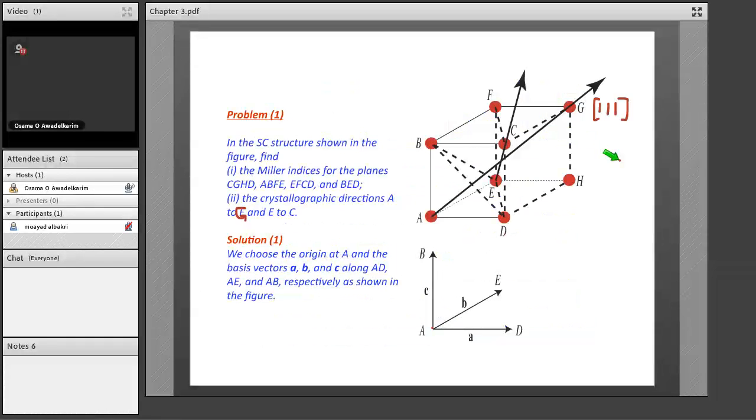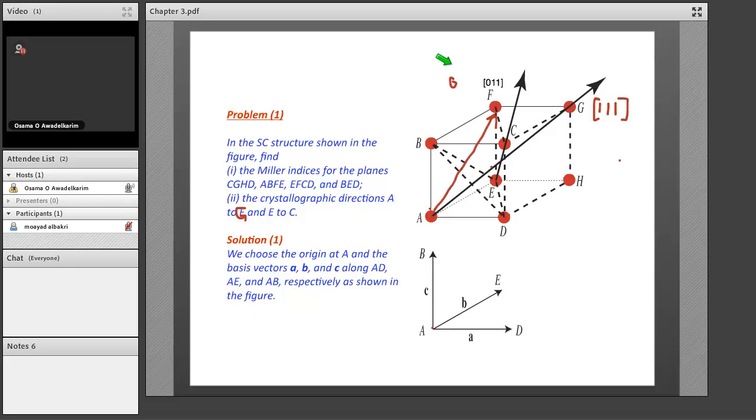The drawing is showing AG, but we can also find A to F. If we try to find A to F, which is this direction here, then we have the point F, which has 0 in the A direction, 1 in the B direction, and 1 in the C direction. So actually, the A to F direction is the direction 0, 1, 1.